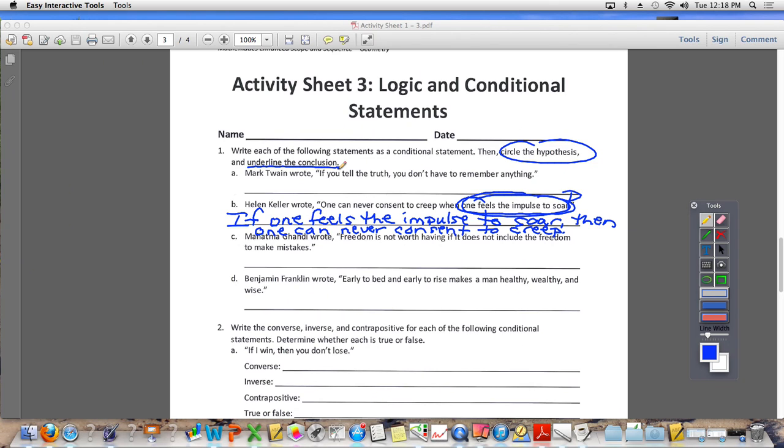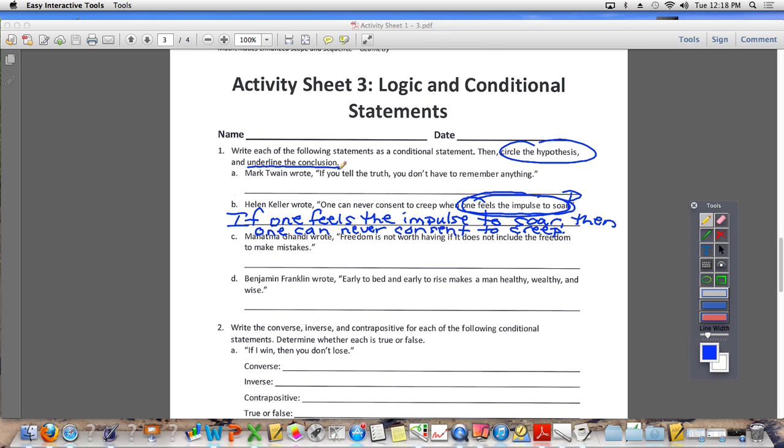I want to mention that that same situation comes up in letter C. The hypothesis is at the end of the sentence. Do you see the word if in there? If it does not include the freedom to make mistakes. By the way, the wording in this one is very awkward. If you write this in if-then form, you would say if it does not include the freedom to make mistakes, then freedom is not worth having. So when you say if it, what is it?